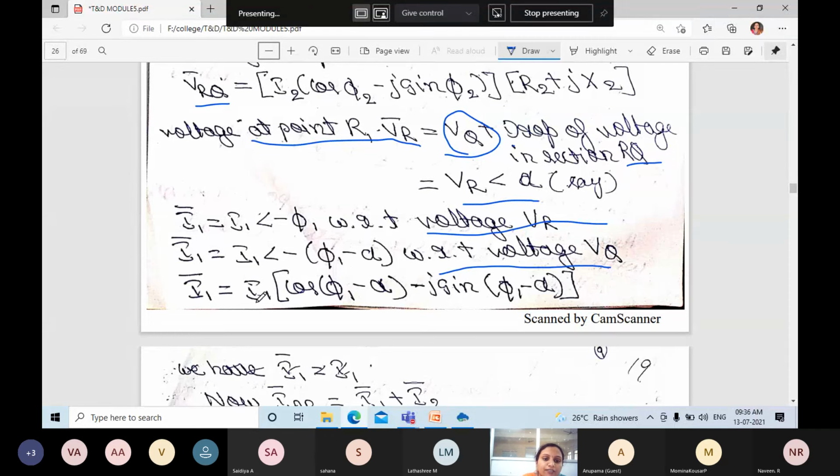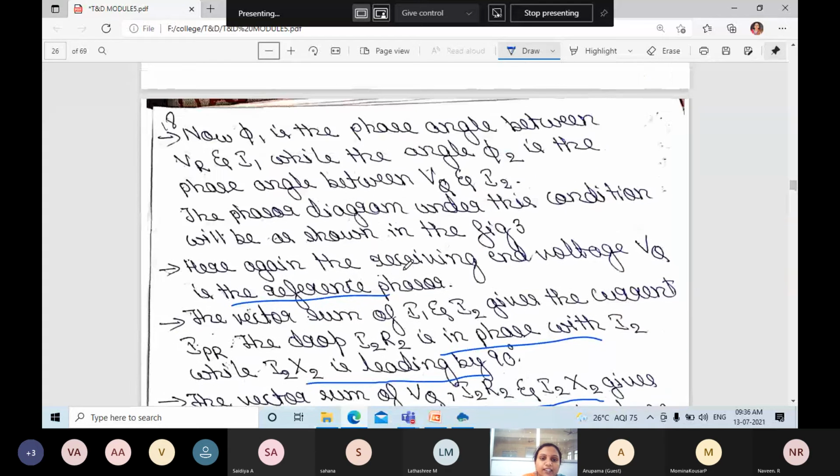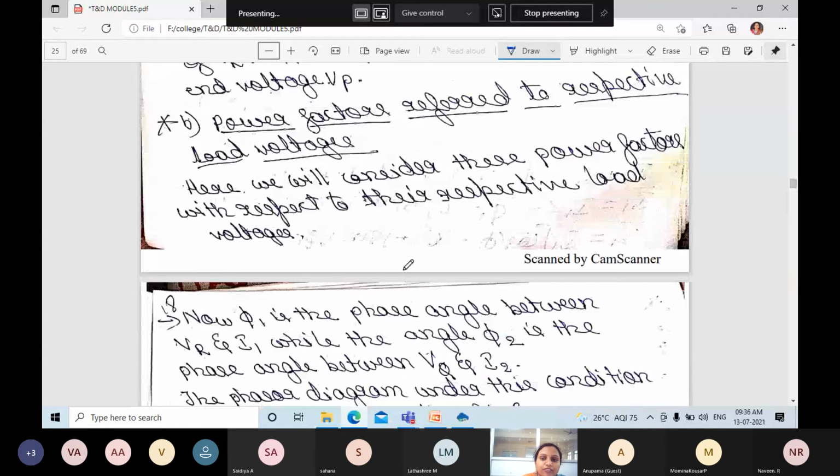Finally I1 vector is equal to I1 (cos(phi 1 minus alpha) minus j sin(phi 1 minus alpha)). With respect to VQ we are writing, so we should consider the angle alpha. We are writing the voltage drop equation with respect to the load voltages.